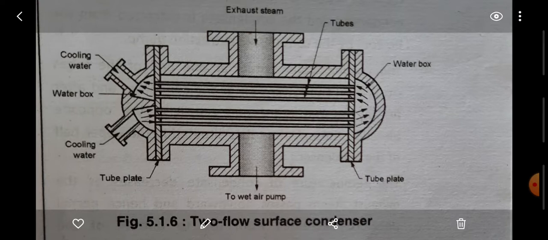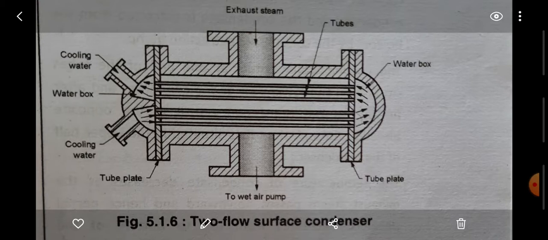The air, condensate and uncondensable gases are removed from the bottom of the condenser. This condenser requires two pumps. One is to remove condensate and air from the bottom, and the second pump is to force the cooling water through the tubes.